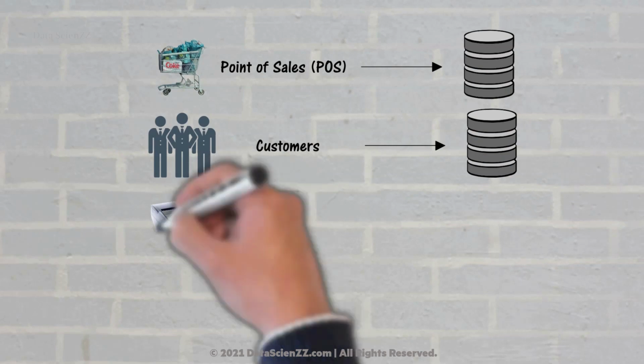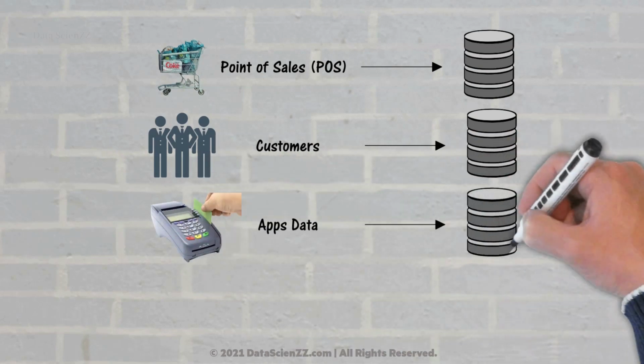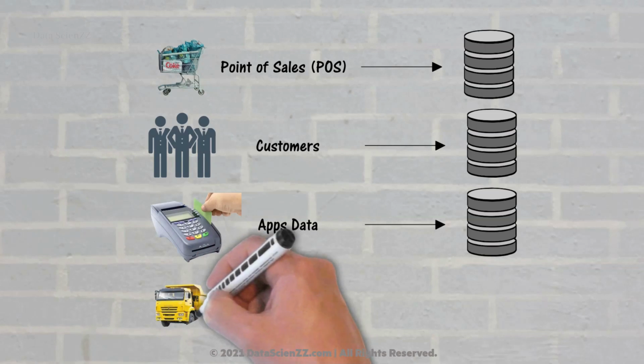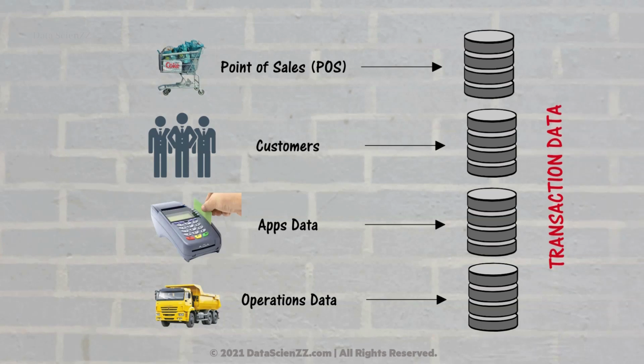These are known as transaction data. Transaction data captures every detail of your business, as it happens. Examples are point of sales data, ERP, operations data, application data, and so on. Transaction data can be in SQL or NoSQL format, depending on what type of data you are capturing.